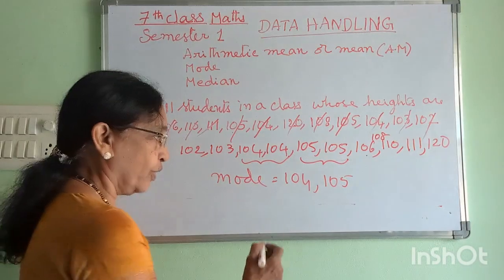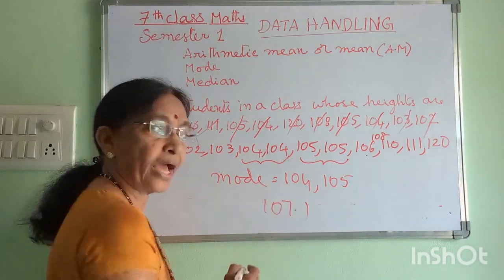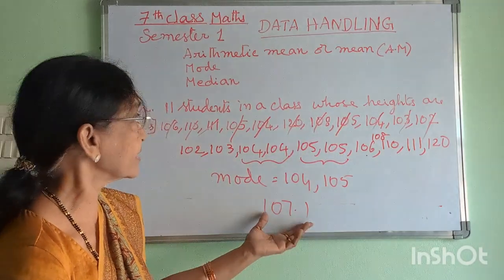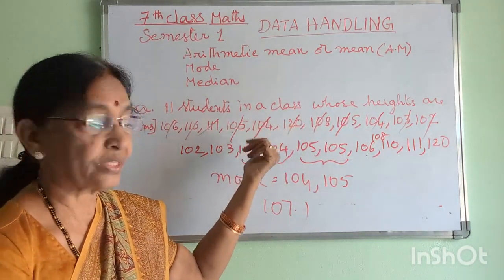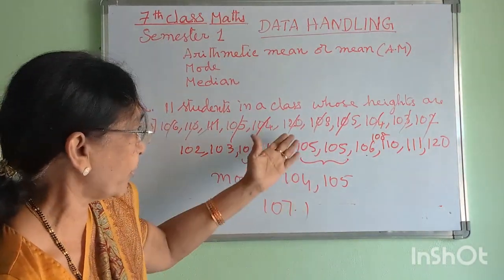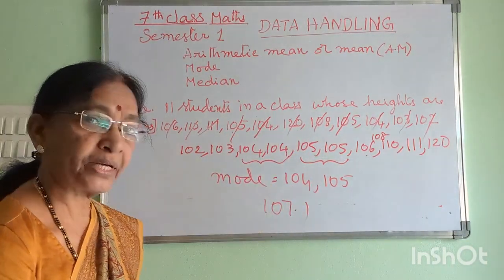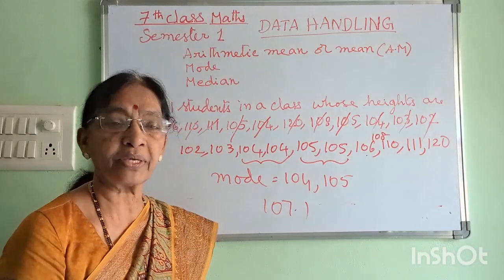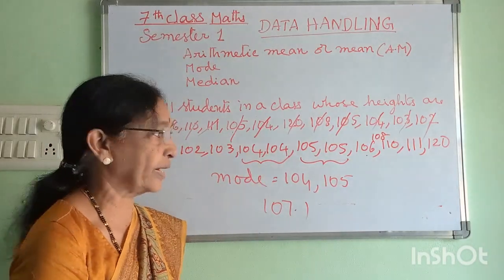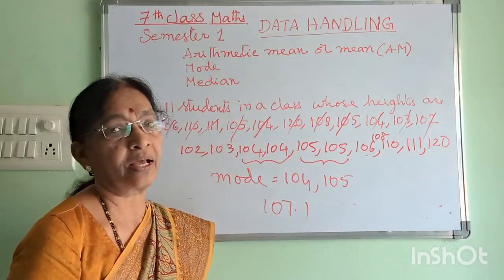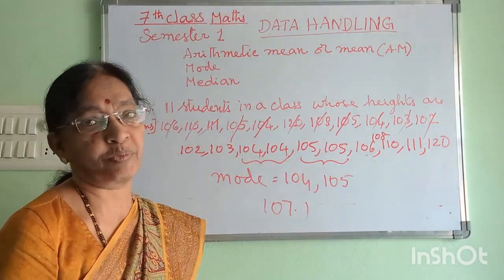Previously we got 107.1 as the arithmetic mean of these observations, but it is not a value in the data. There is no 107.1. So arithmetic mean need not be an observation in the data, but the mode will definitely be in the observations.